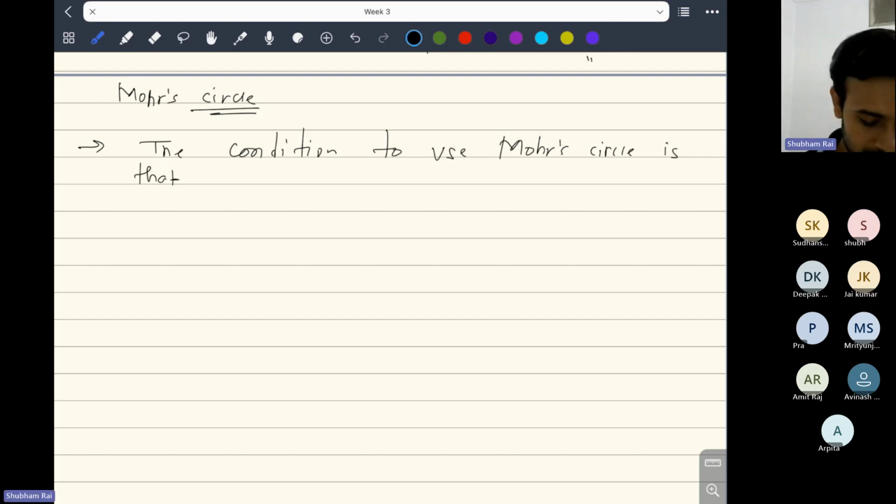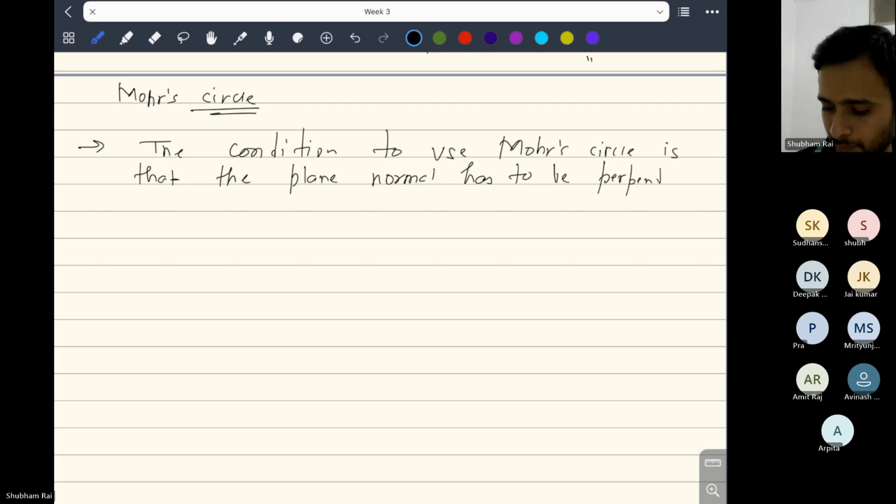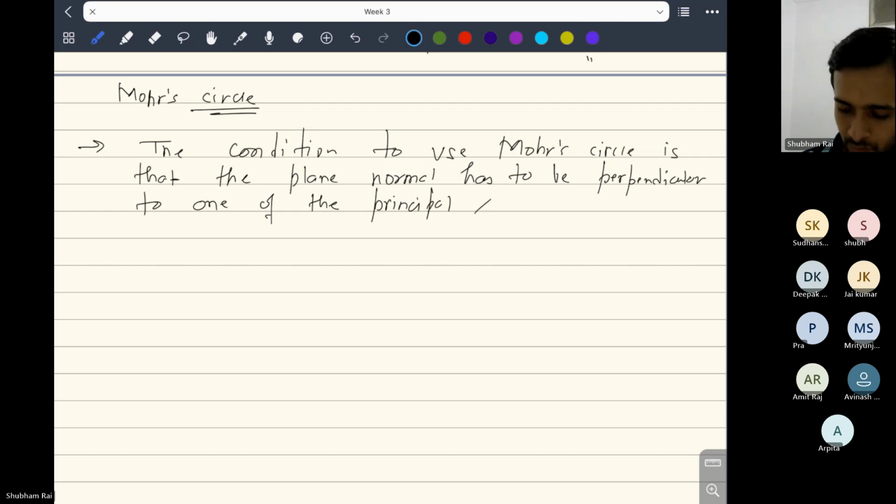The condition to use Mohr circle is that the plane normal has to be perpendicular to one of the principal stress directions.